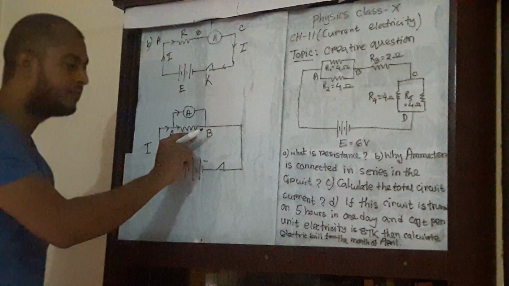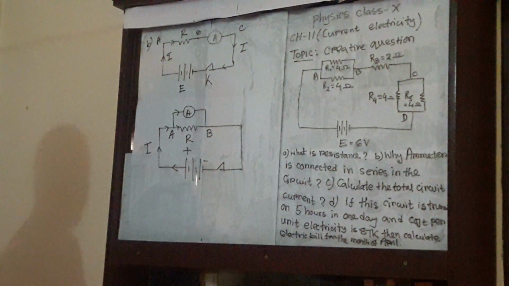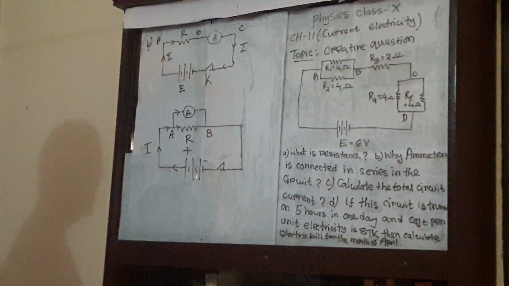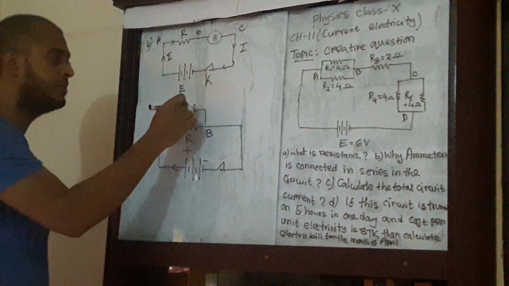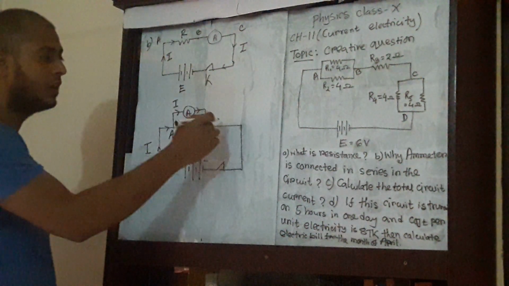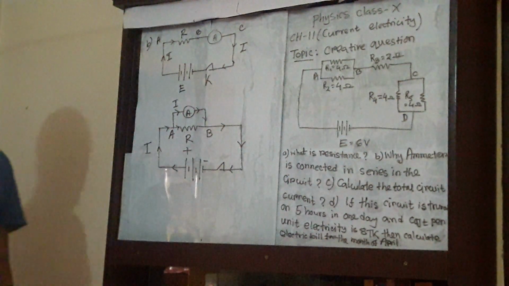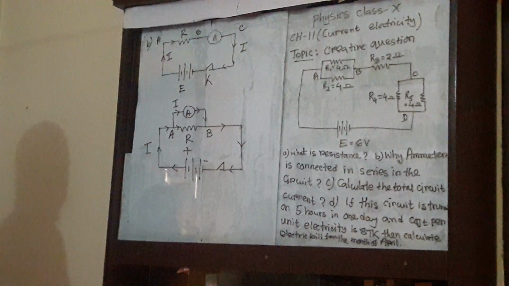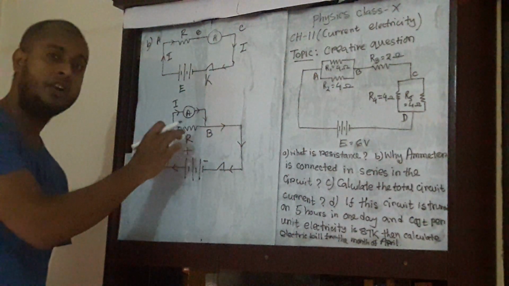So this is a rough path. But the internal resistance of the ammeter is very small. That's why the ammeter is a very smooth path. That's why all of the current I passes through the ammeter and goes to the negative terminal of the battery, and no electric current passes through the resistance R. That's why this resistance R remains turned off.